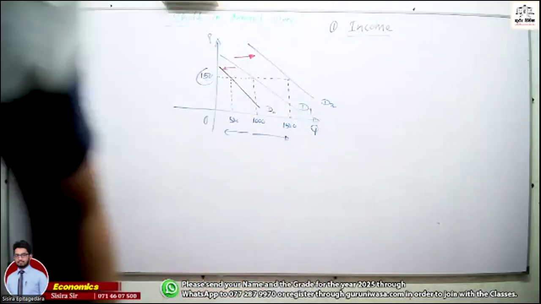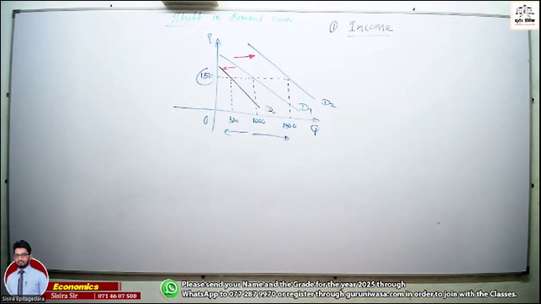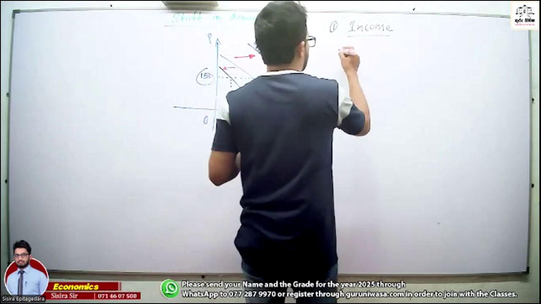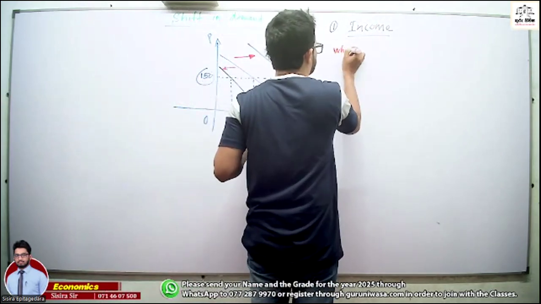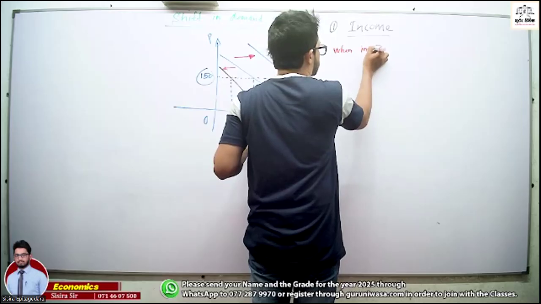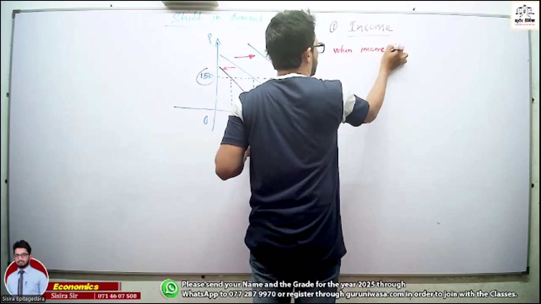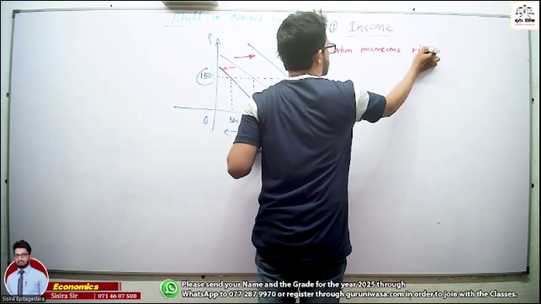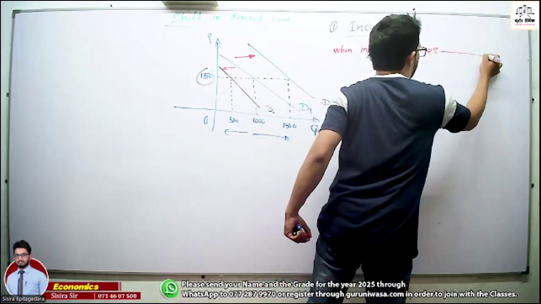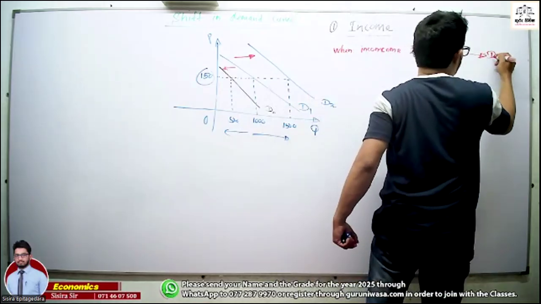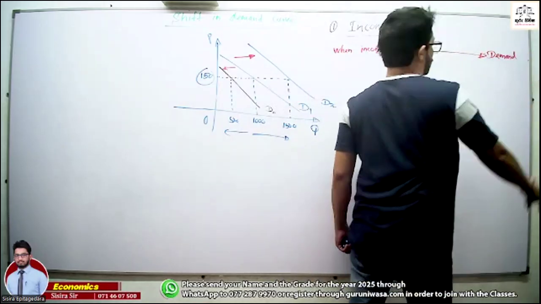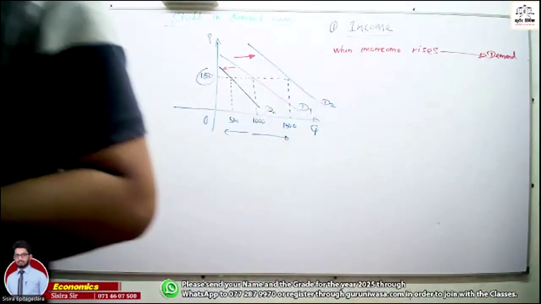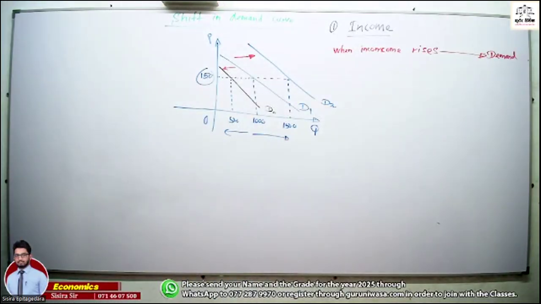Then tell me, if you have higher income, when income rises, what happens to the demand for a product? Assume you are getting rich and rich and rich. Can you demand more goods or less goods? More goods.